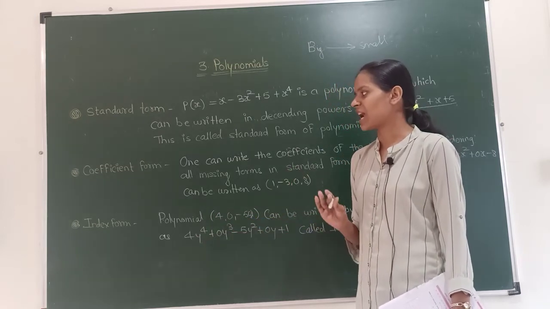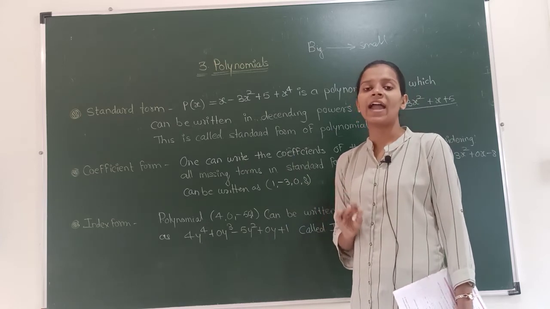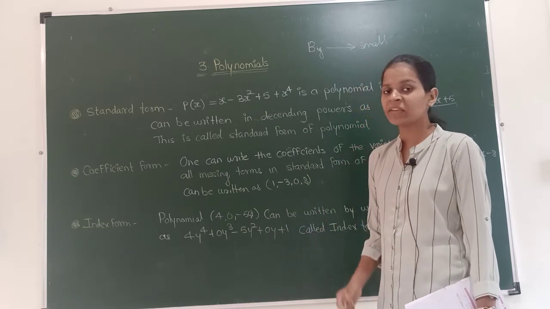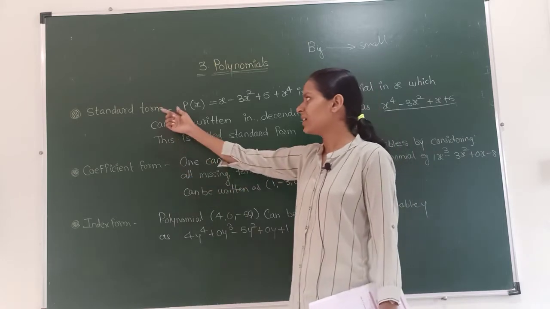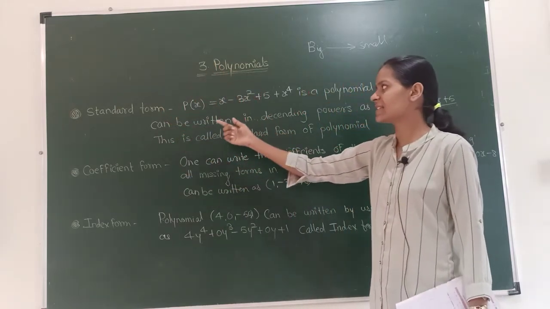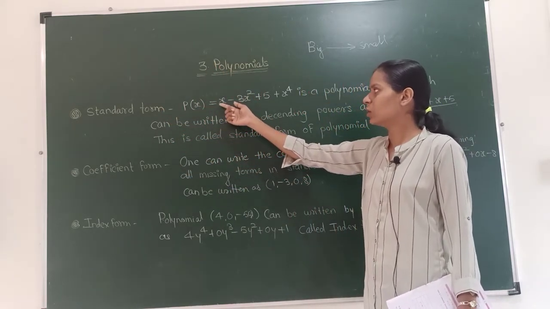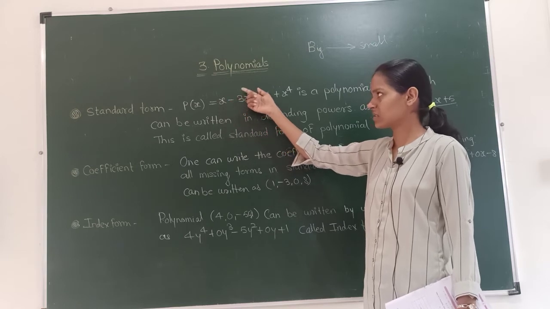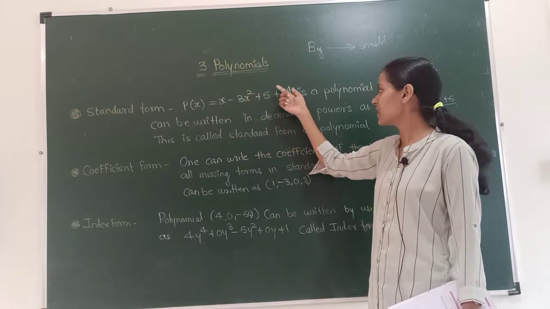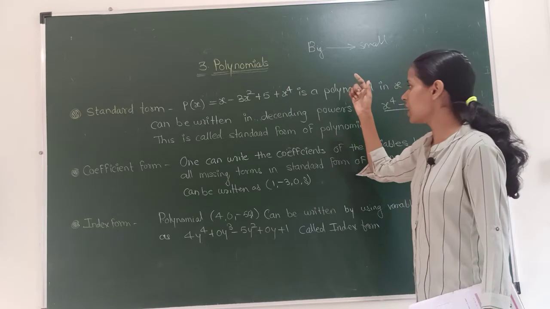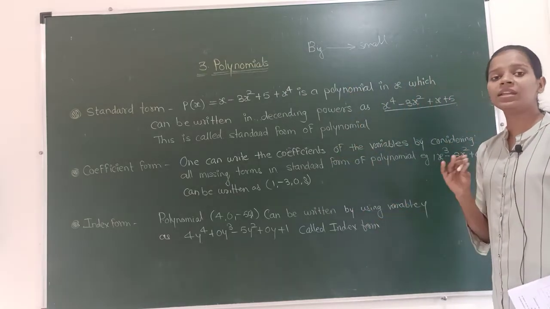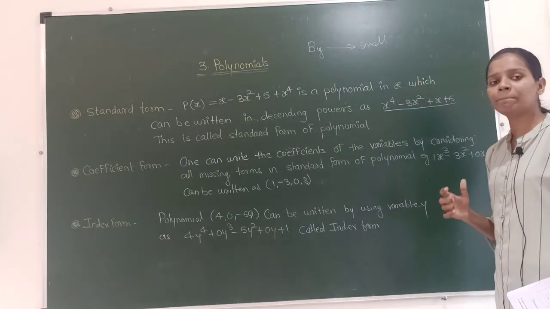This is how standard form, coefficient form and index form of a polynomial work. I will explain once again. Standard form: we will see the example p of x is equal to x minus 3x square plus 5 plus x raised to 4. It can be written in descending powers.